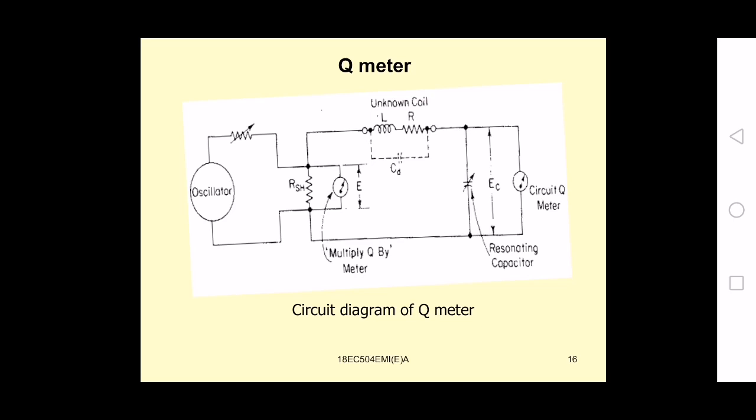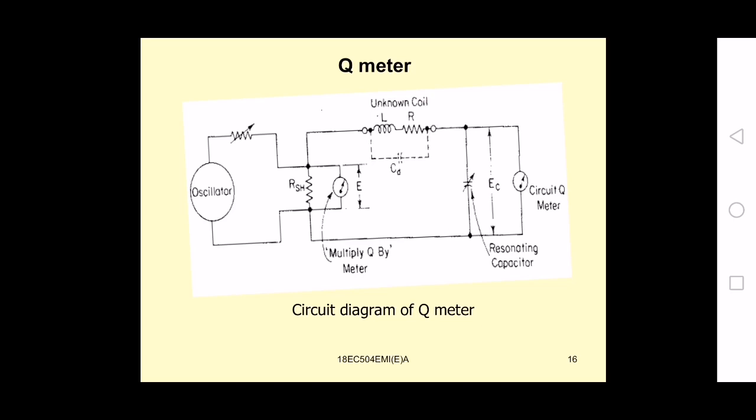The voltage across the capacitor, here you see EC or VC, is measured by the electronic voltmeter. So this is the input side, and this is the output side.